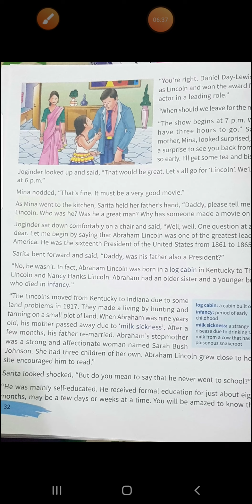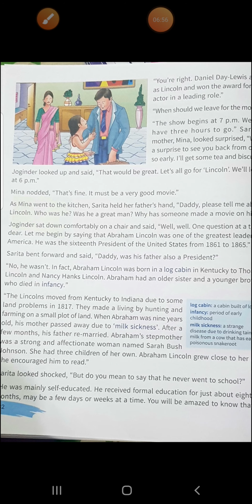He studied on his own and he received formal education. Formal education means he went to schools to get education. He just received that for 18 months. 18 months means 1 year and 6 months. So for that time only he went to proper school to get education. Rest of the time he studied on his own.